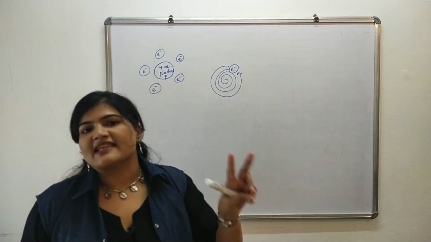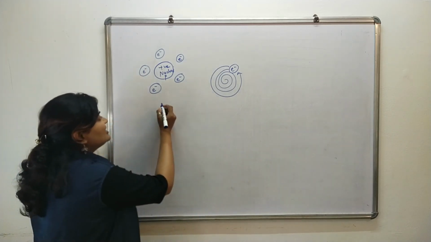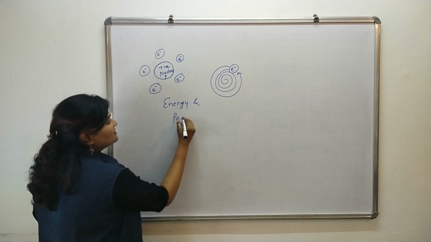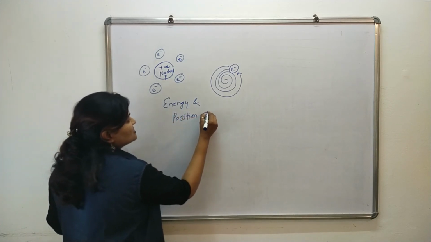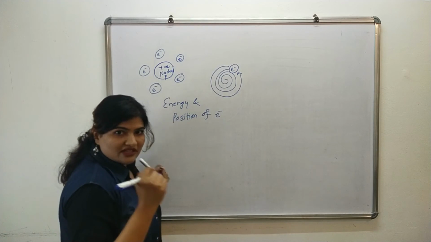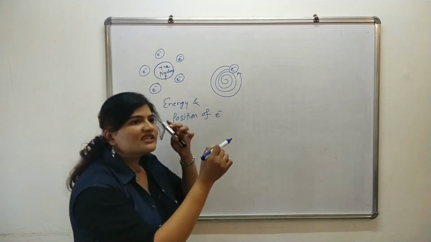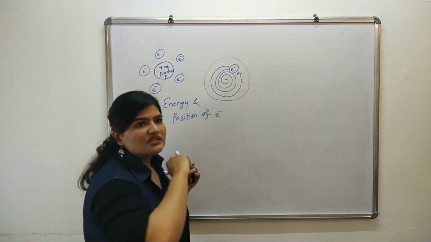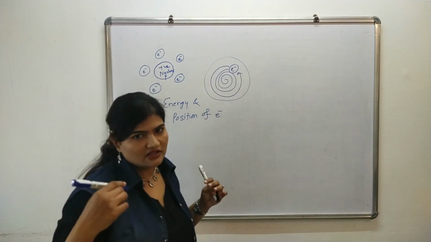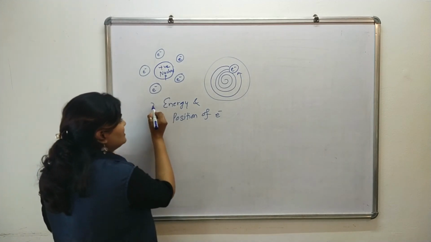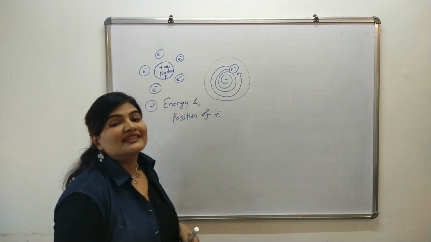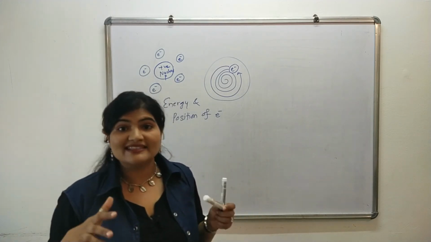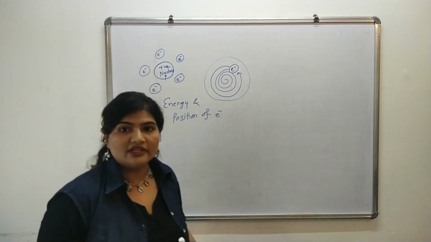So this becomes the second limitation of Rutherford's model: he could not explain the energy and position of electrons. So the first limitation was that he was not able to explain the collapse of electrons on the nucleus, which was predicted by the law of physics, and the second limitation was that he could not explain the energy and position of electrons exactly in the extranuclear part.